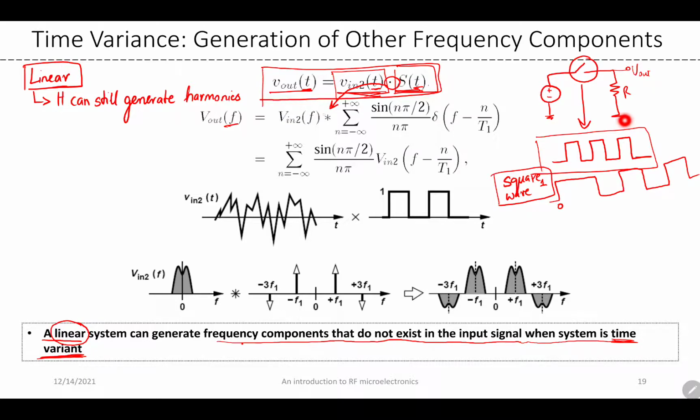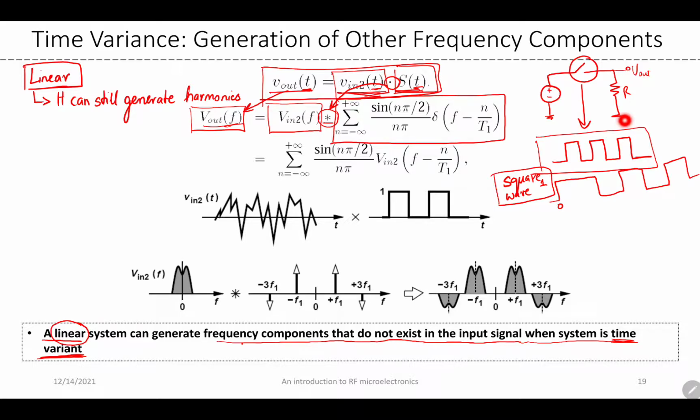So this product changes to a convolution, and then V out in terms of time becomes V out in terms of frequency. So this is the spectrum of V out. The spectrum of V out would be the spectrum of V in convolved with the spectrum of a square wave signal.